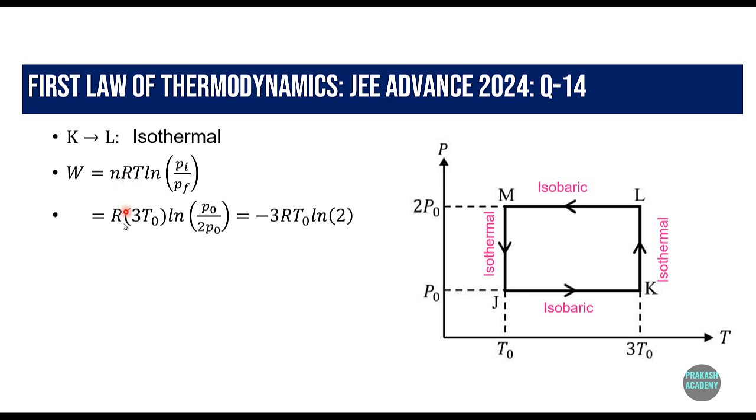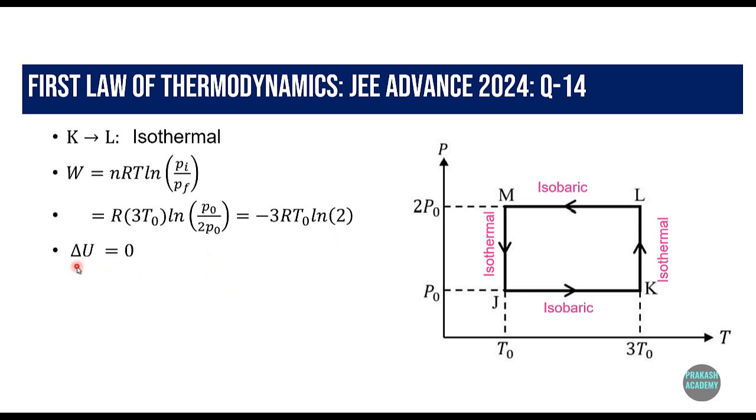So this is R, and temperature in this case is 3 T naught, and number of moles is 1, and initial pressure is P naught and final pressure is 2 P naught. So this becomes ln 1 by 2, and ln 1 by 2 can also be written as minus ln 2. So this is minus ln 2 times 3 T naught times R. So this becomes minus 3 R T naught ln 2.